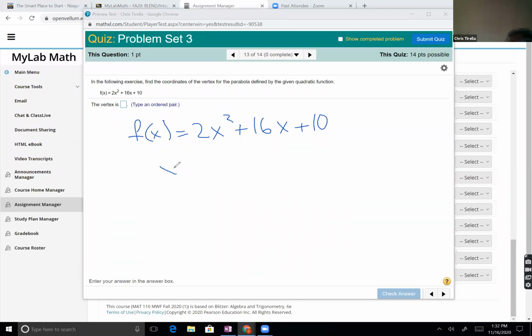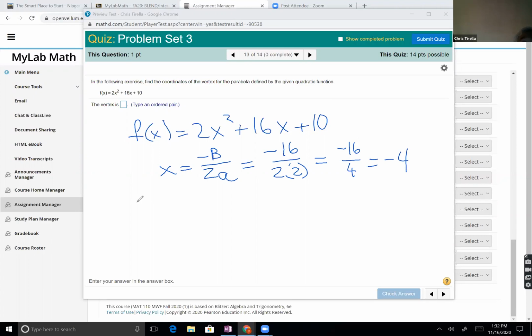I think it's easier though to use x equals -b over 2a, which would be -16 over 2 times 2, which would be -16 over 4, or -4.